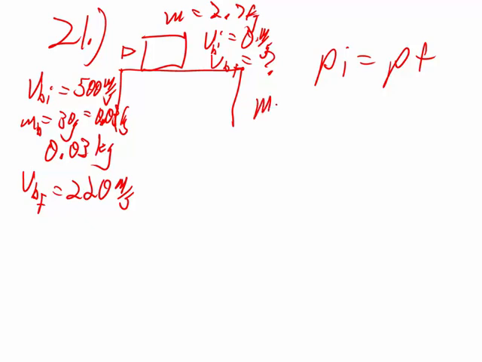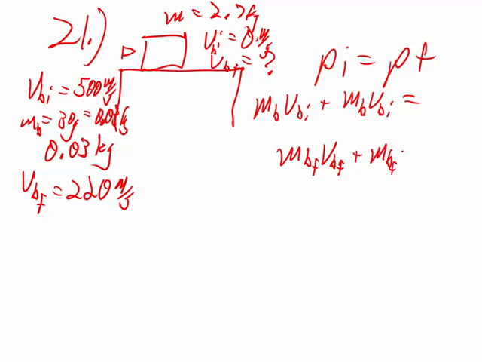We got the mass of the block times the initial velocity of the block plus the mass of the bullet times the initial velocity of the bullet is equal to the mass of the block times the final velocity of the block plus the mass of the bullet times the final velocity of the bullet. Actually, the mass is not changing, so I could leave that final off there.